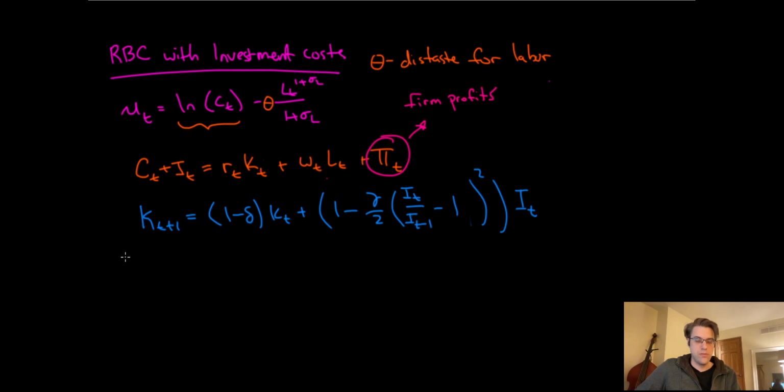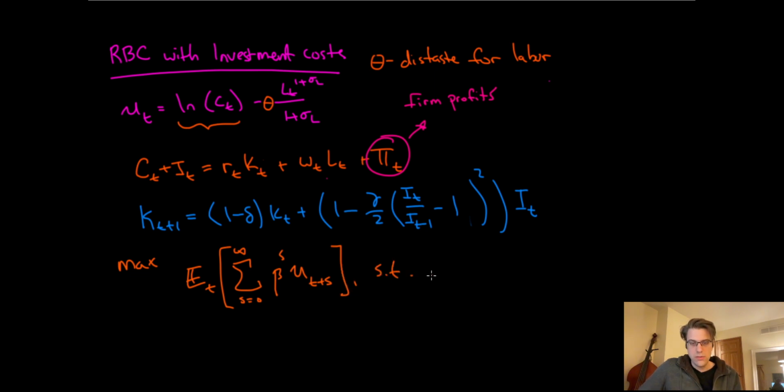And now we need to maximize. So remember, the household's problem is to maximize. We've written down a 1 period problem. We want to maximize the total discounted stream, the expectation at time t, the total discounted stream for all periods in the future, beta to the s, u_{t+s}, subject to a series of budget constraints, one for each period.